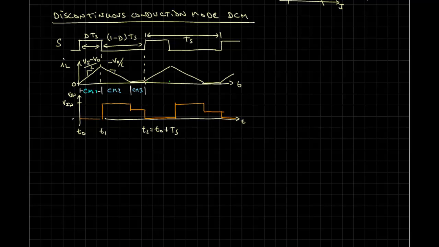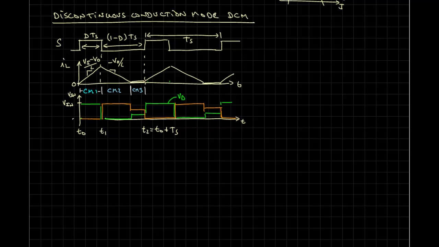Okay, and the diode voltage will be 0, will be Vin, then it will drop to 0, and it will also come up to a smaller voltage here during CM3.